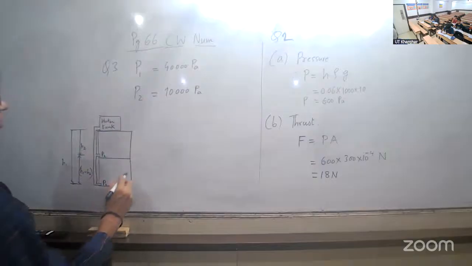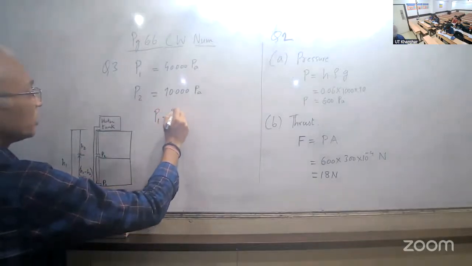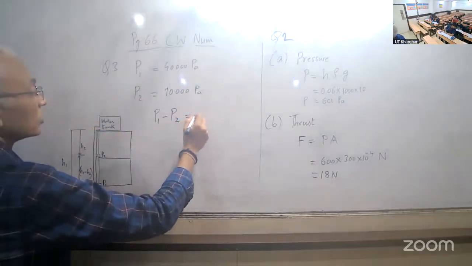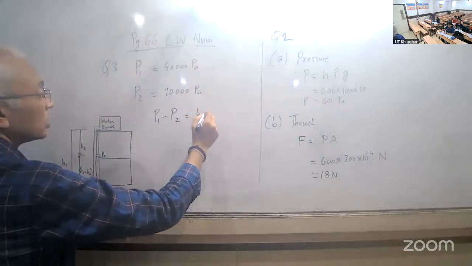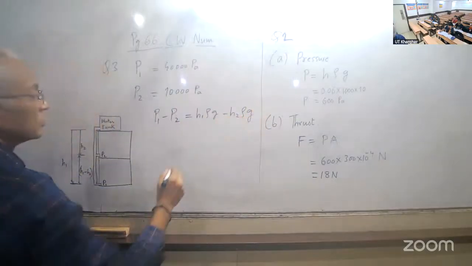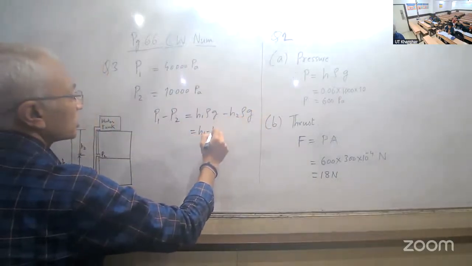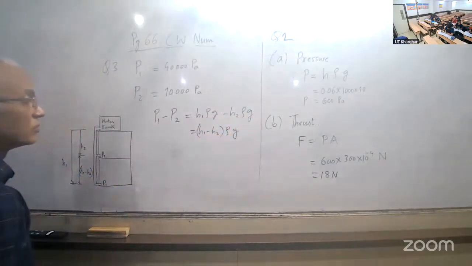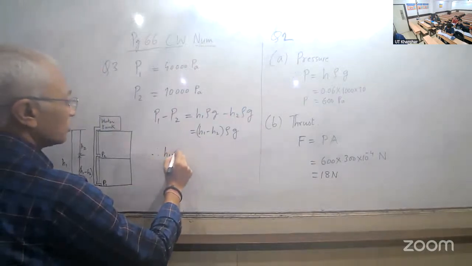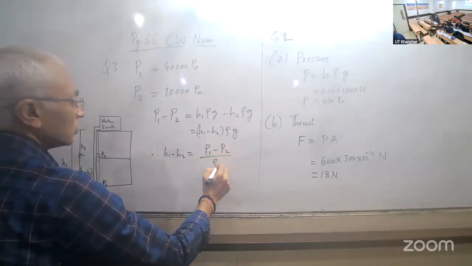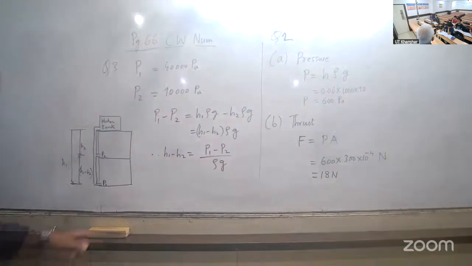Right? So P1 minus P2 is equal to rho g h1 minus h2, so h1 minus h2 is equal to (P1 minus P2) over rho g. This is the height of the first floor.